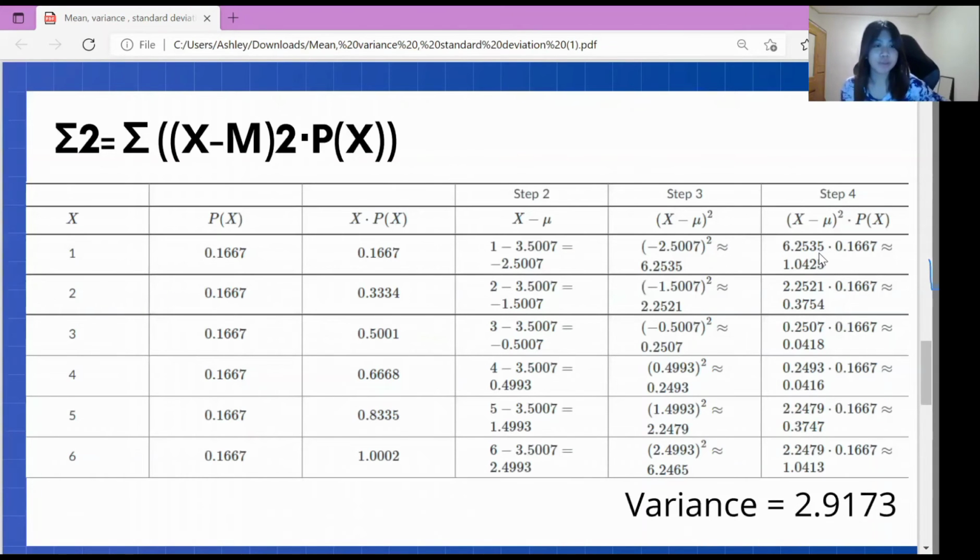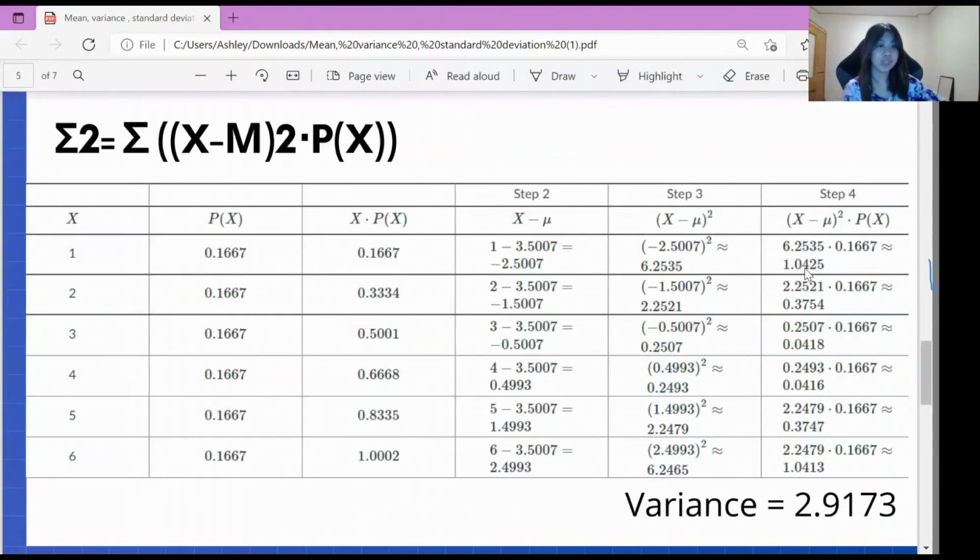Now for step 4, we just have to multiply the answers in step 3 by the probability of x. So here we have 6.2535 multiplied by 0.1667, which is the probability of x, and that gives us a product of 1.0425. Once you get all the products for each of the values, you just have to add all of them, and that is where you will get the variance.